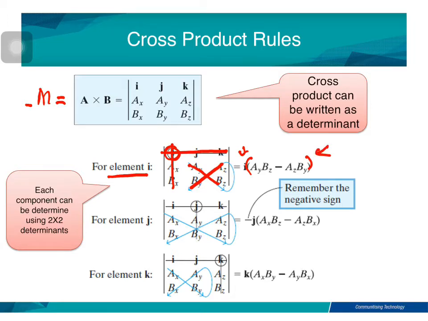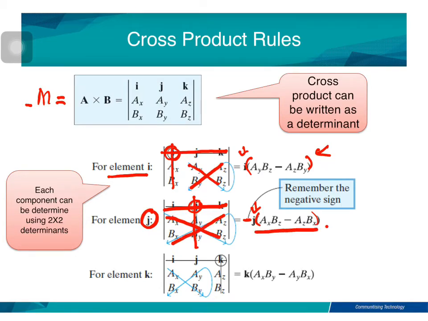Next we want to have the element J. For element J, we must remember we need to minus. Students always make mistakes at this part, the minus. So now we write the element J here, and in brackets we have AX cross BZ minus AZ cross BX.